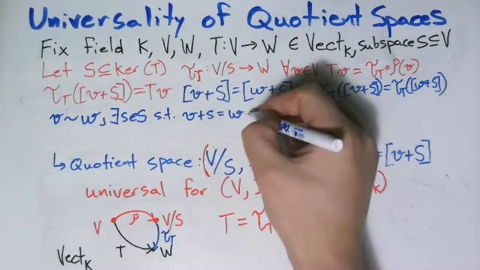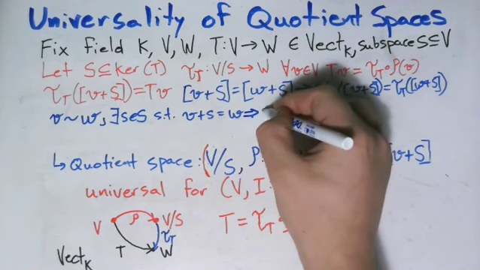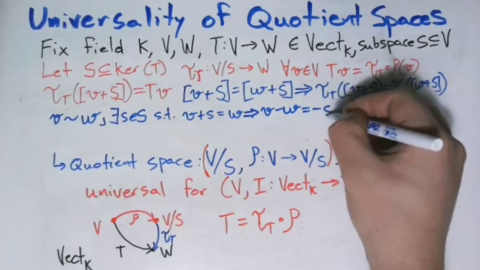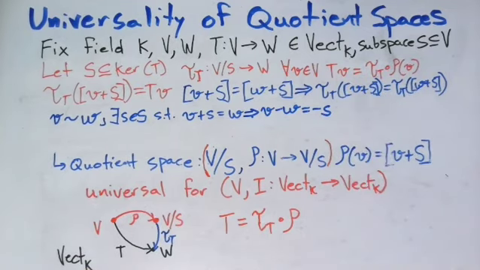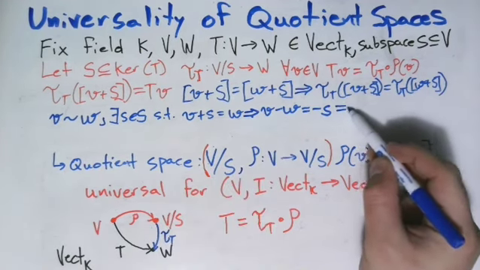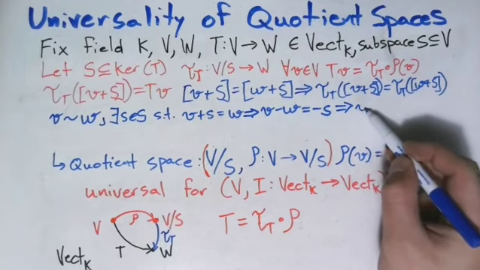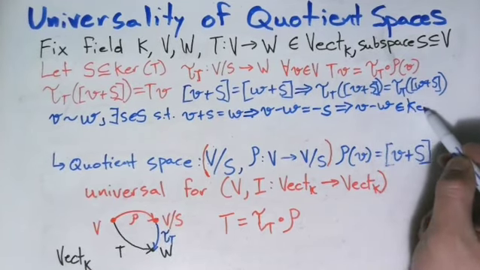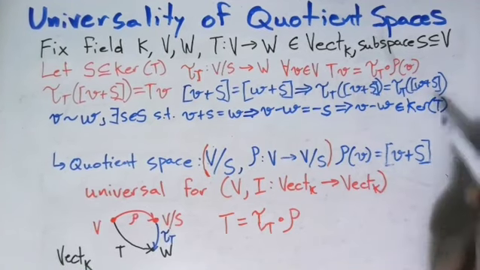Means that v minus w is equal to minus s, but s is in S, and S is a subspace, so minus s also has to be in S, which means that it's in the kernel of t. So what we're saying here is that v minus w is in the kernel of t.